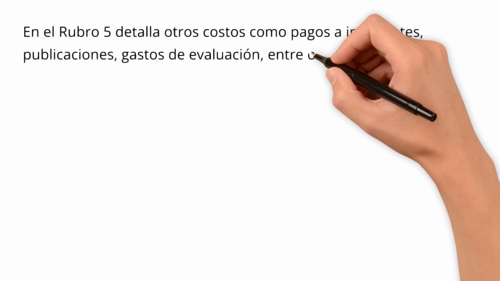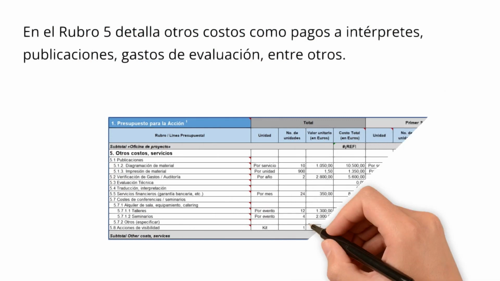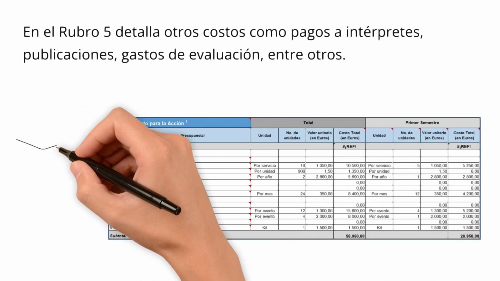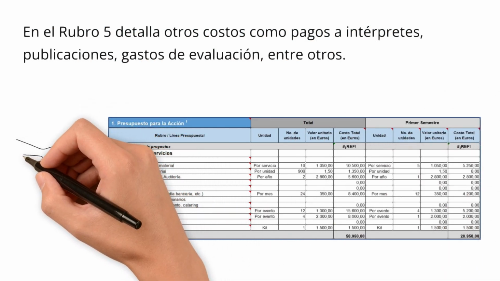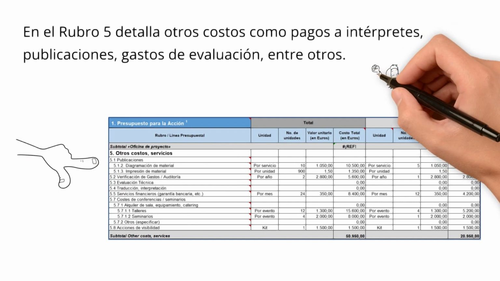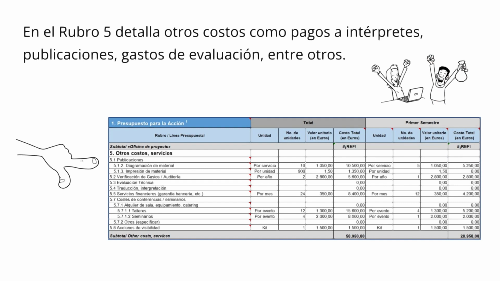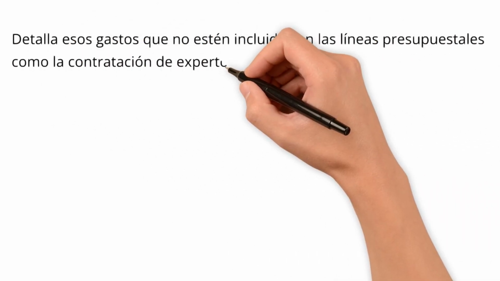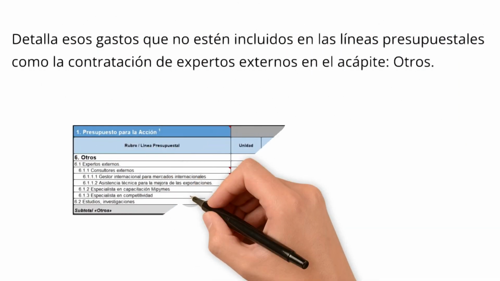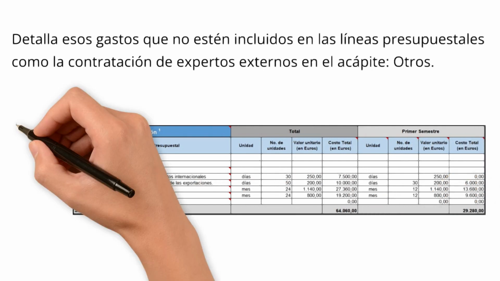Item 5 details other costs such as payments to interpreters, publications, evaluation expenses, among others. Detail those expenses that are not included in the budget lines, such as the hiring of external experts, in the Other section.